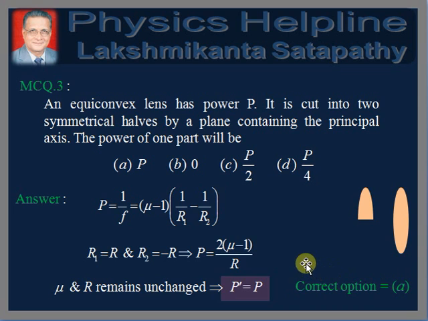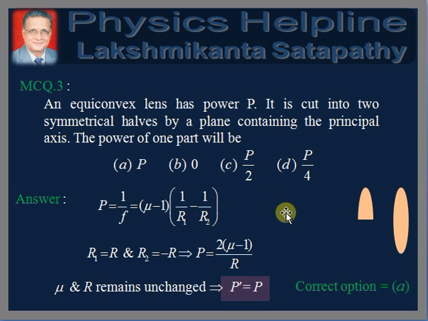Now, for question 3. This is a multiple choice question which does not require any calculation. It is given that an equiconvex lens has power P. It is cut into two symmetrical halves by a plane containing the principal axis.